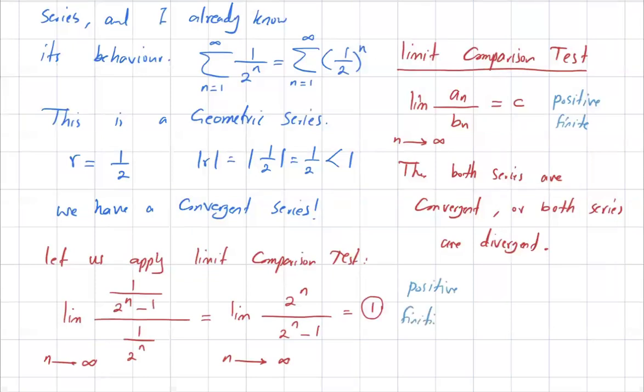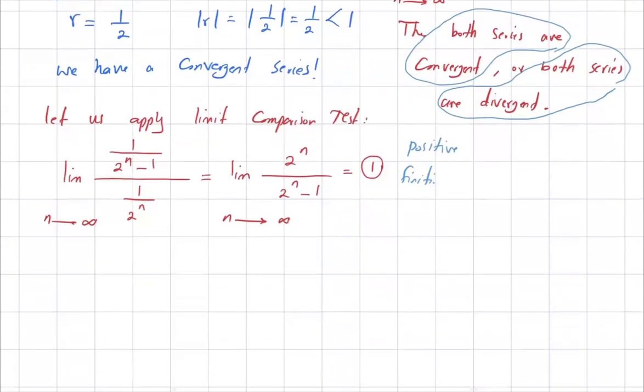So both series are convergent or both series are divergent. But since the geometric series is convergent, the other series must be convergent. So this is your conclusion.